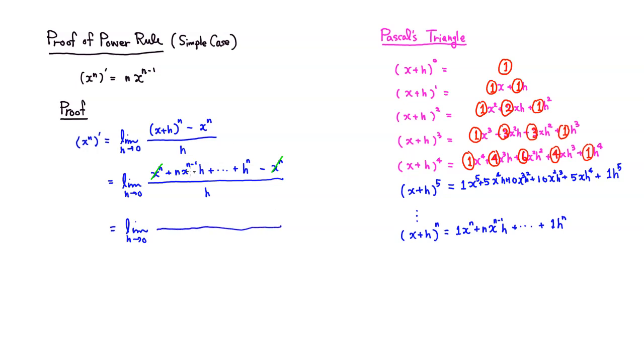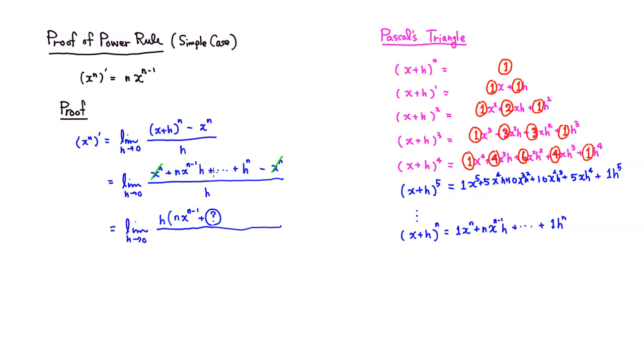All right, so I'm going to pull h out from the first term. So you have n x to the n minus 1 plus. Next term, I don't even know what coefficient goes here. Actually, I know, but I don't need to know.